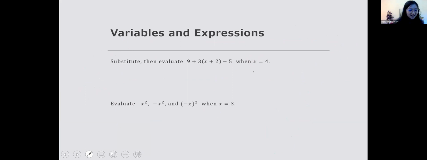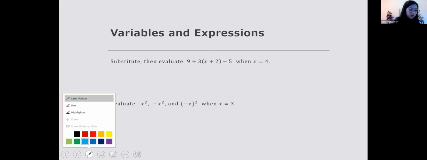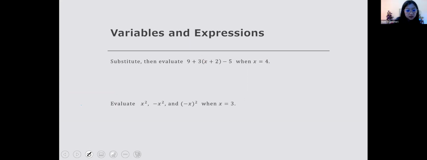Okay, so first we have this equation, 9 plus 3 times, in parentheses, x plus 2, parentheses close, minus 5. So when x is equal to 4, we will be substituting x with 4. So this will be 9 plus 3 times 4 plus 2, close parentheses, minus 5. So we will be doing this together.